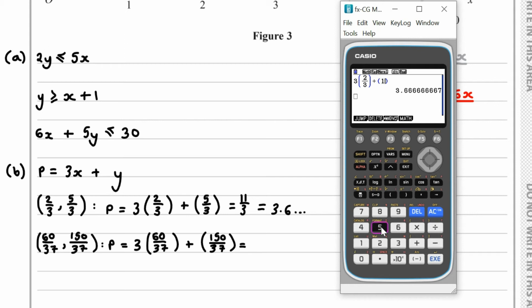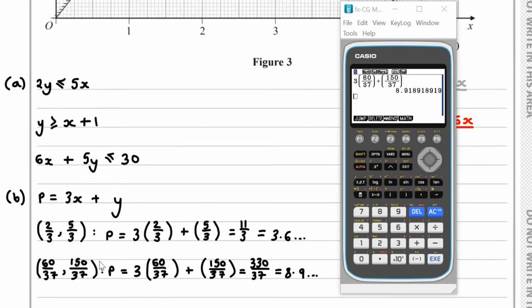Here we've got the 150/37, and here we've got 60/37. So here we get 330/37, which is equal to 8.9, etc.